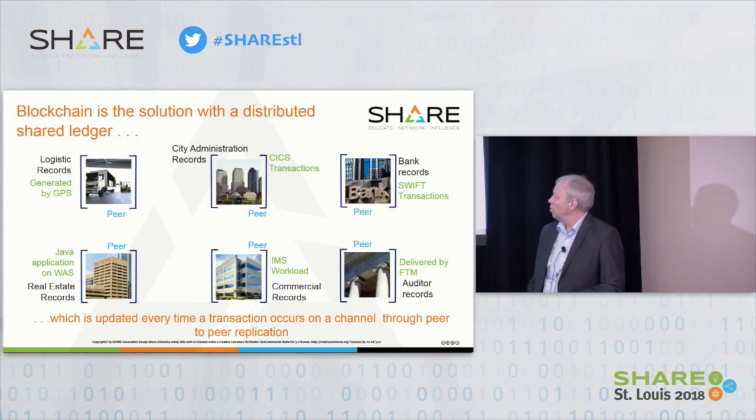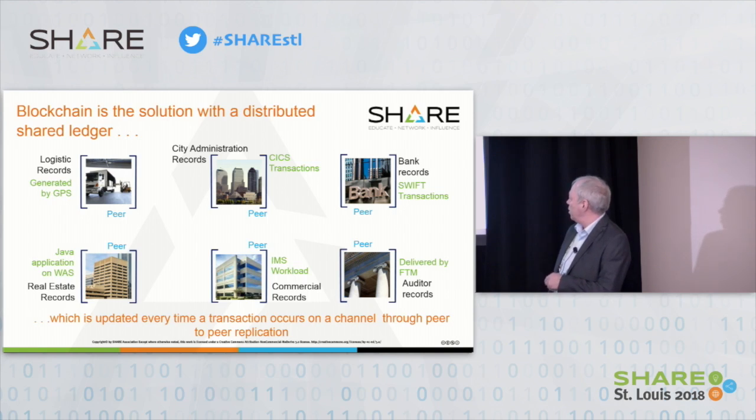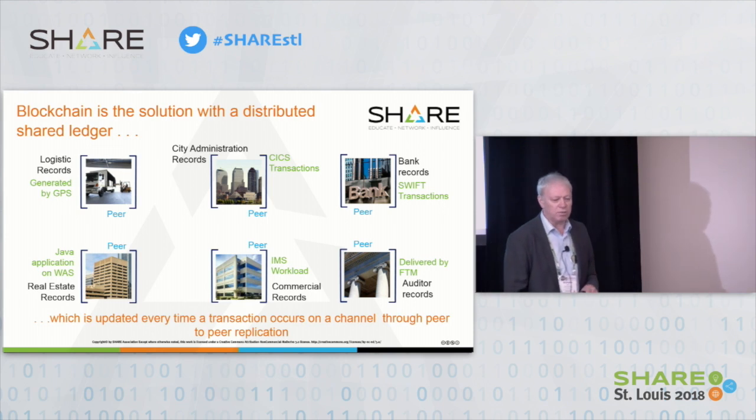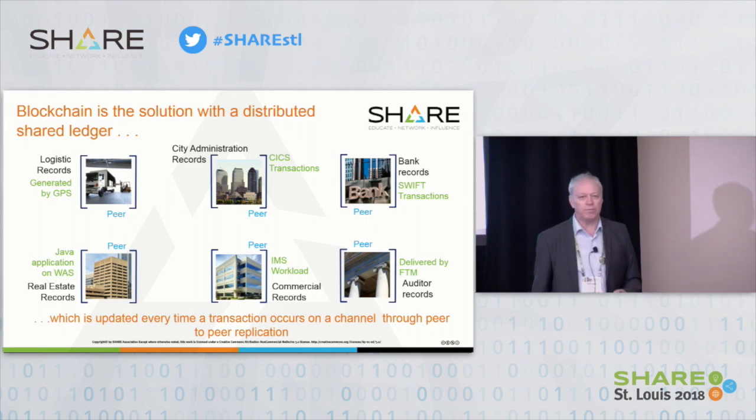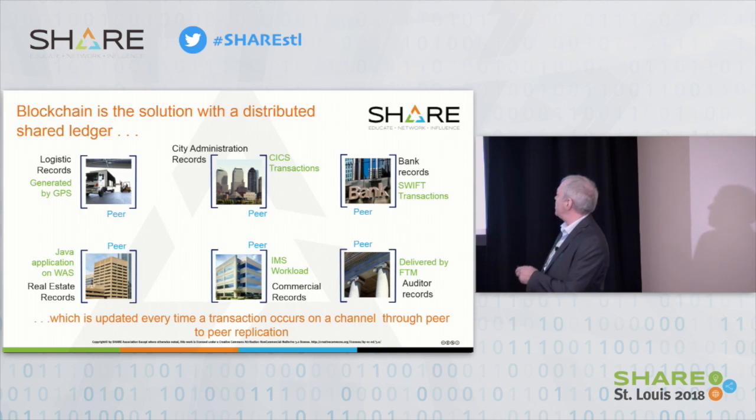Okay, now let's think if we have a blockchain with the peers, the logistic, city administration, banking, auditor, commercial institution, real estate. They all are based on, for example, different applications, different transactional systems, like CICS transactions.